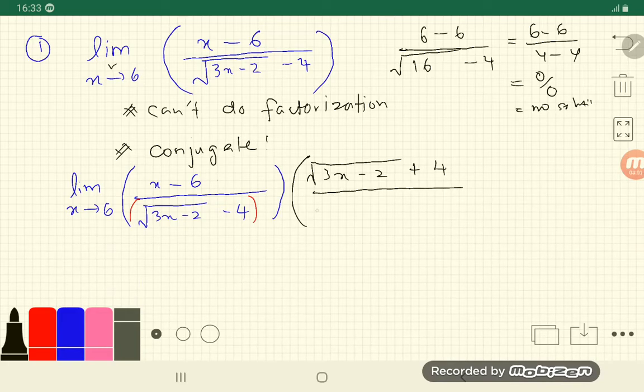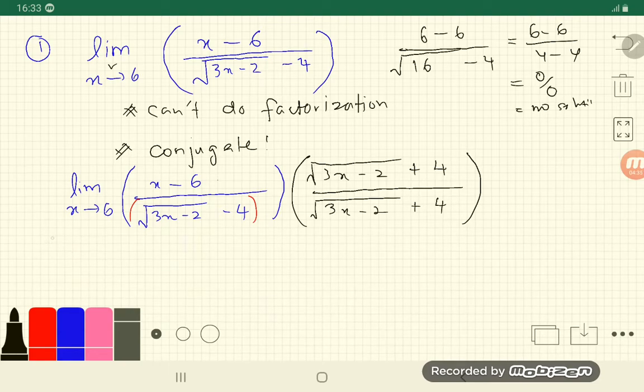Because we have a fraction, we are supposed to write the same thing again on top: the square root of 3x minus 2 plus 4. Okay, I hope you are okay with this. Once we have all these, we are going to multiply the bottom part and the top part by this.